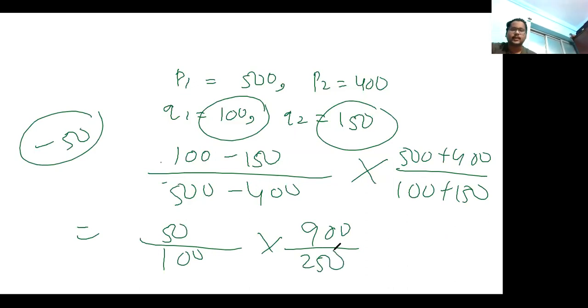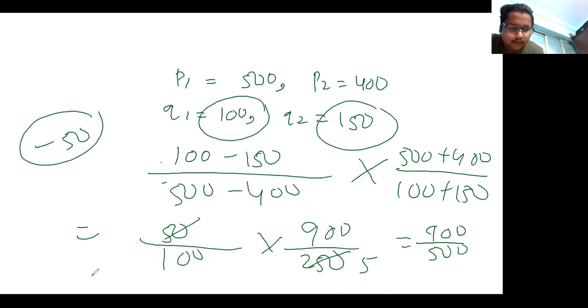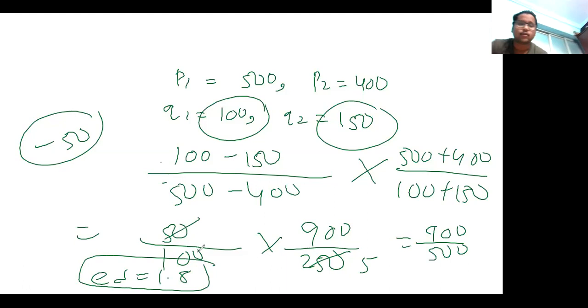After solving this, what we get is 900 divided by 500, that is 1.8. This will be the answer under the arc method of calculating the price elasticity of demand. And this is more useful and more common compared with the percentage or proportionate method. So I hope you have understood the derivation along with an example of arc elasticity of demand. Thank you so much.